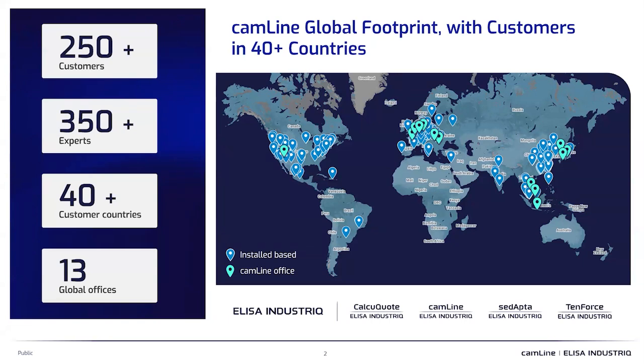Our customers are primarily in the semiconductor industry, but some others are also in automotive, medical devices, and renewable energy. In 2021, camLine joined the ELISA industry company, and since then the parent company has provided us with more resources to advance our software solutions.